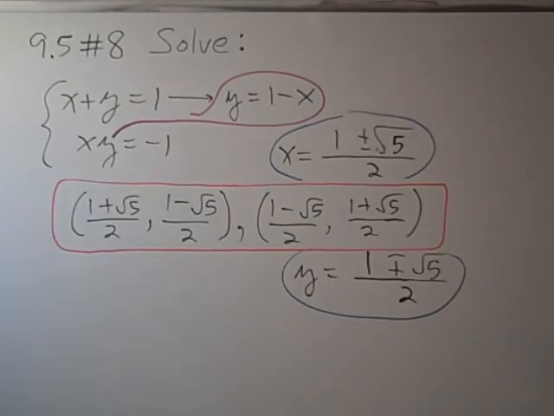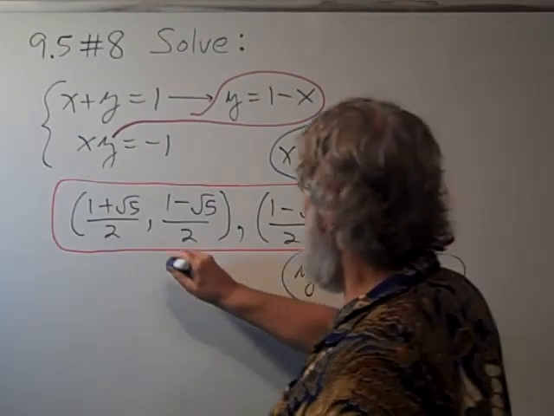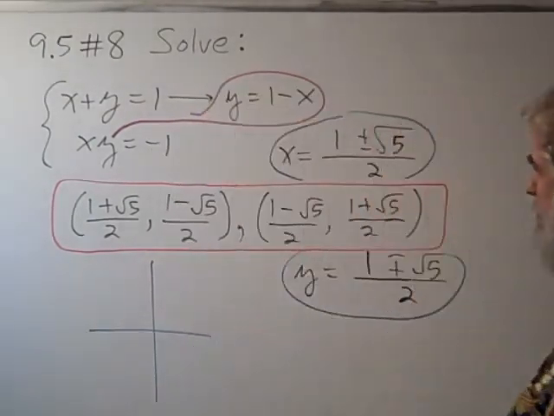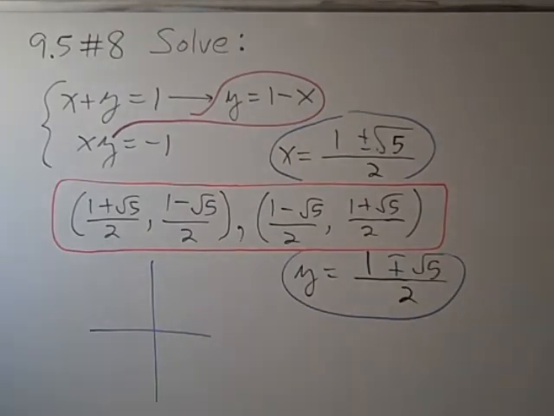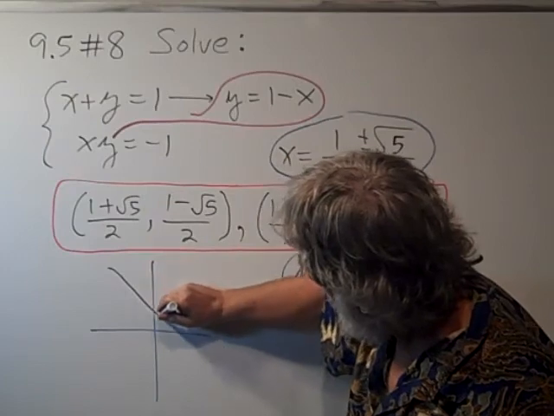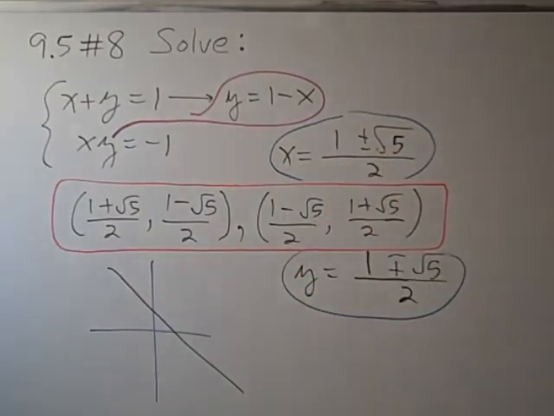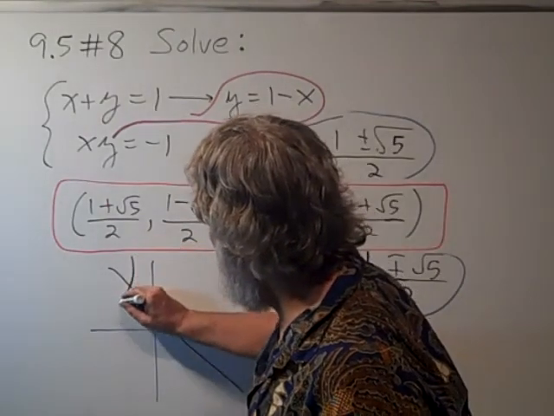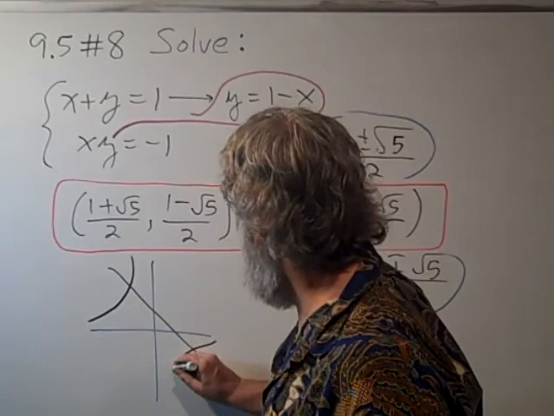And also let's take a look at the graphs of these curves, at least quickly. X plus y equals 1 is a line that looks like this. And x times y equals negative 1 is a hyperbola whose graph looks like this.